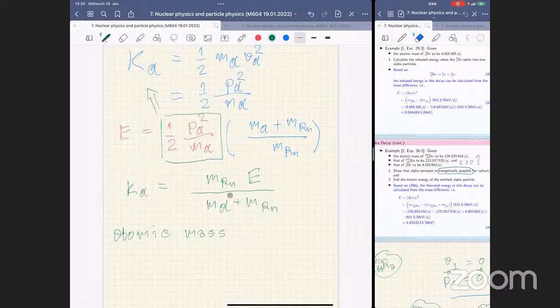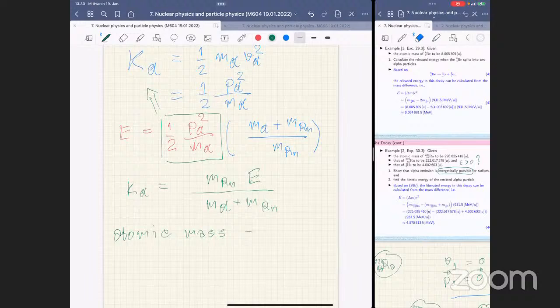You have to substitute it into this one, and E is the value here. But you may see that it's difficult, right? It's full of a lot of digits here.